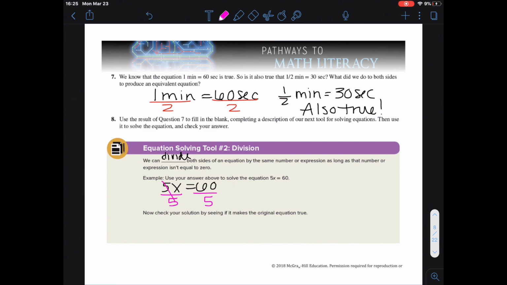Because 5 over 5 will cancel, and this will give us that x has to equal 12. So we can check that by plugging it in. You get 5 times 12 does equal 60. So yes, we have the correct solution.